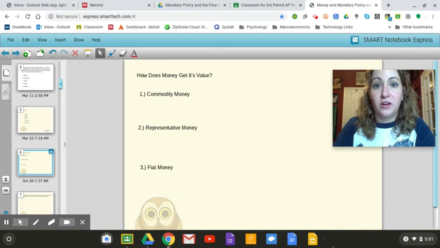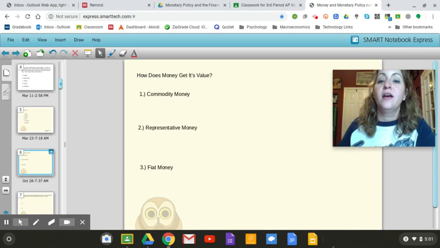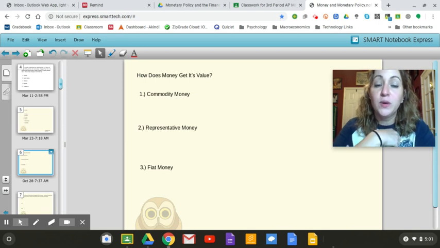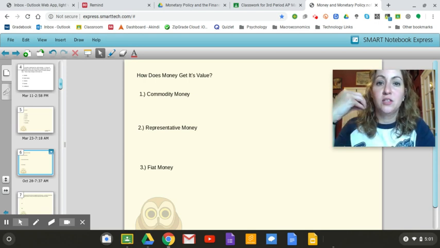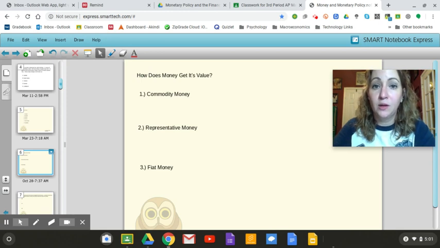Well, here's the thing. We haven't had the gold standard in about 100 years. There's not a single developed country in the world that has the gold standard anymore. Everyone has switched to the fiat standard, fiat money. What that means is the US dollar has value because the US government has assigned it to have value. The US government has said a $20 bill will buy $20 worth of goods.